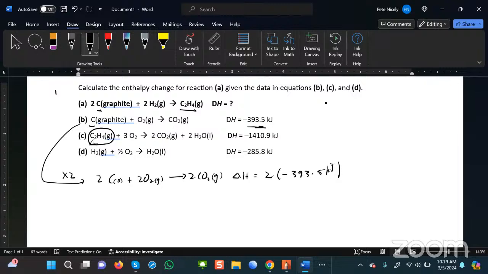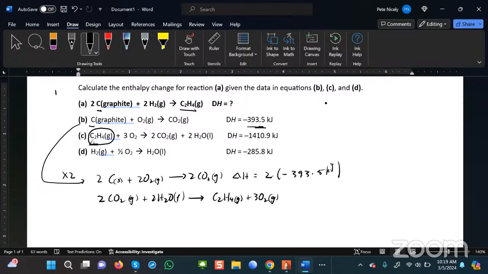So what do we need to do? We need to flip this equation to get the C2H4 on the right side. So when we flip it, you're going to end up with 2 CO2 gas plus 2 H2O liquid, and then on the right side, we're going to have C2H4 gas plus 3 O2 gas.